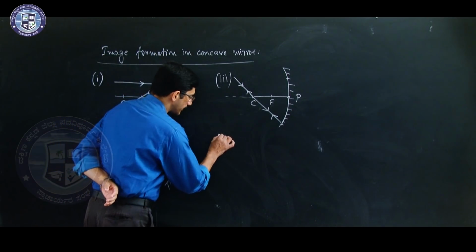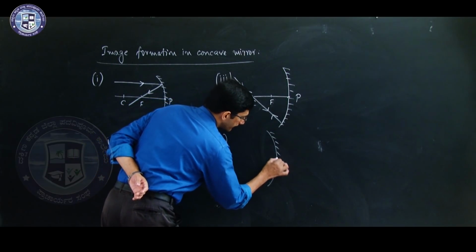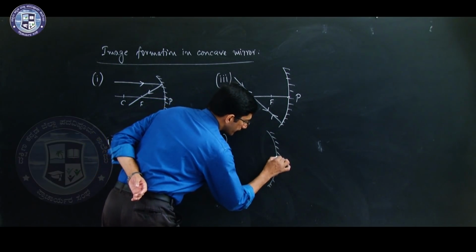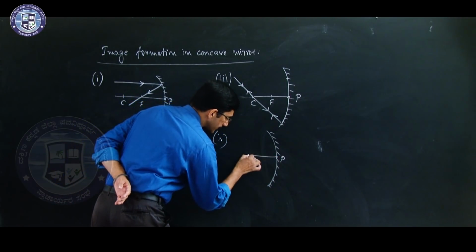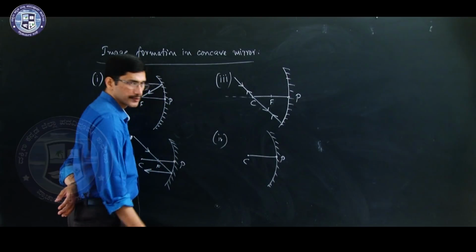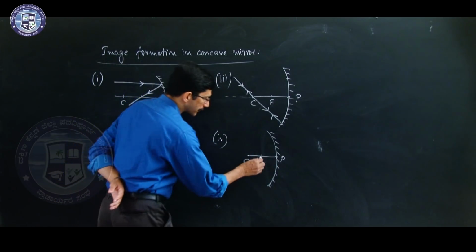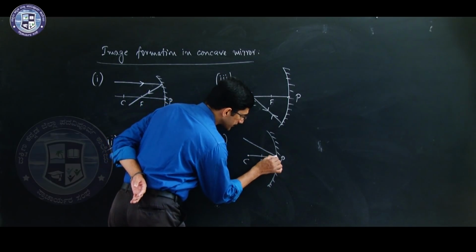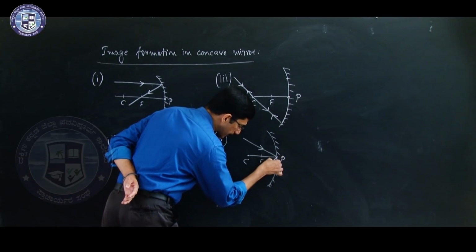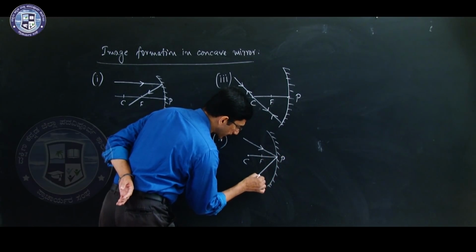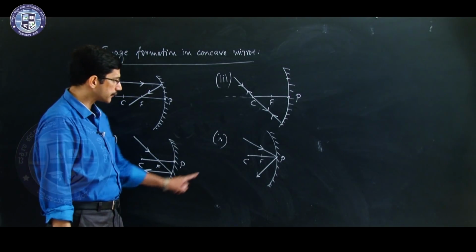And the fourth one is in a concave mirror. The midpoint of that mirror is nothing but the pole, and somewhere here you have the center of curvature, and here there is the focus, principal focus, and the ray which is directed to the pole undergoes reflection obeying the laws of reflection.